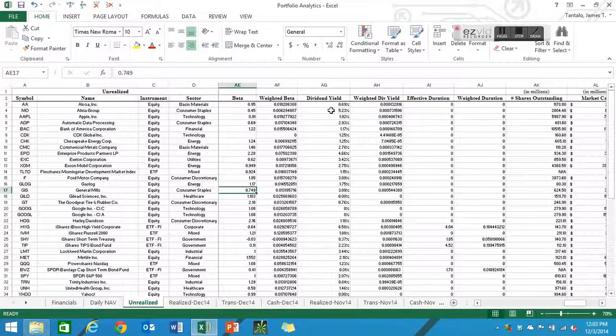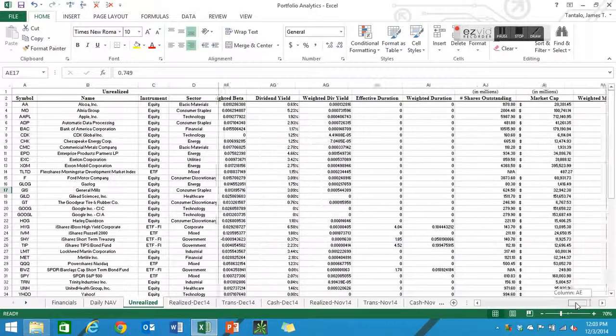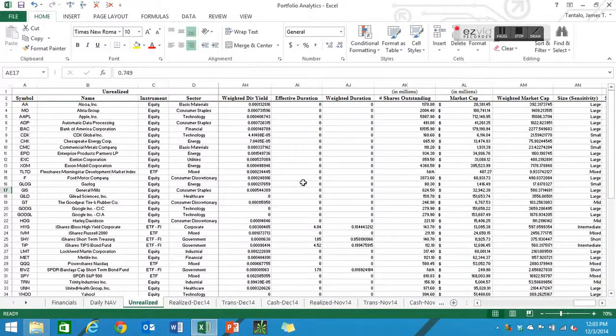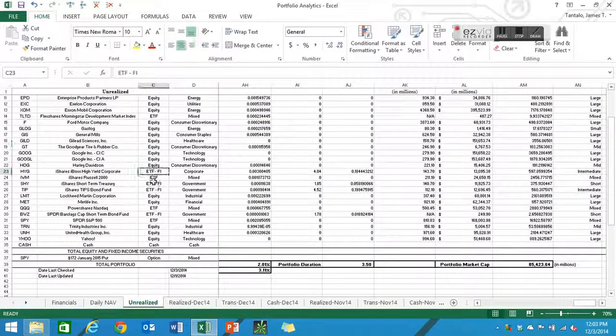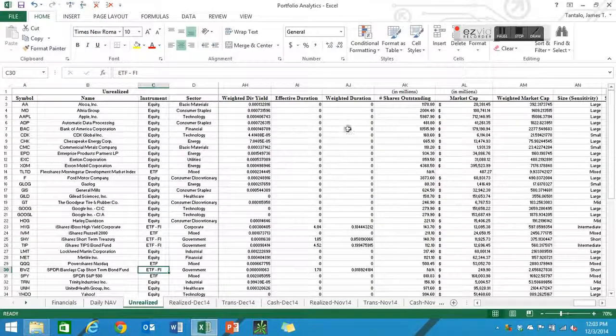Dividend yield, this basically tracks what percentage we're getting in dividends from the company. Again, weighted for our portfolio percentages. Duration, this is just for our fixed income, so you're going to see 4 different fixed income ETFs here and what the duration and weighted duration is. Shares outstanding, this is how many shares that a company has out in the marketplace.